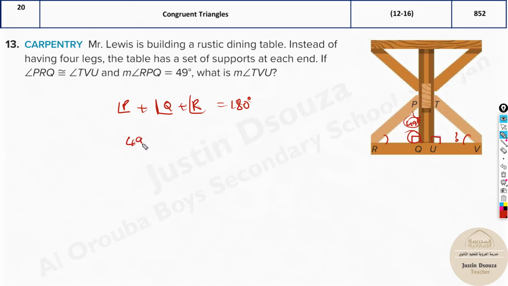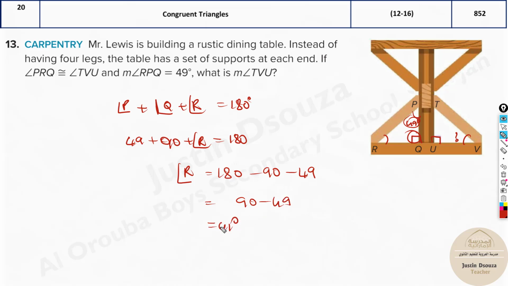P is 49 degrees plus Q is 90 degrees plus R, the unknown value, is equal to 180. Take this to the other side. It'll be 180 minus 90 degrees minus 49 degrees. So it'll be 90 minus 49. So it's 41 degrees. That's the measure of R.